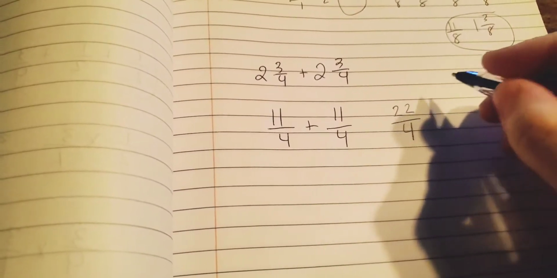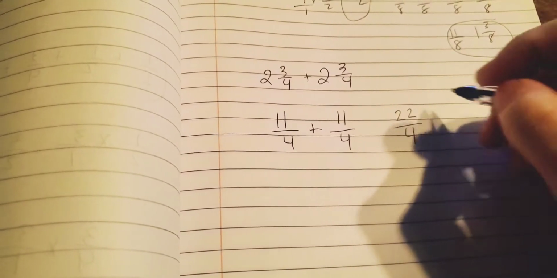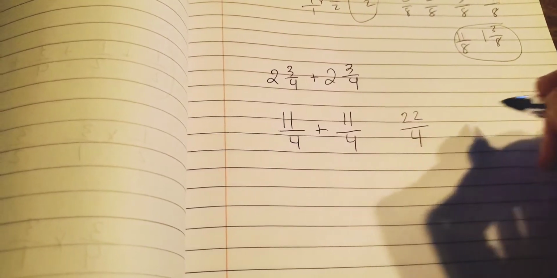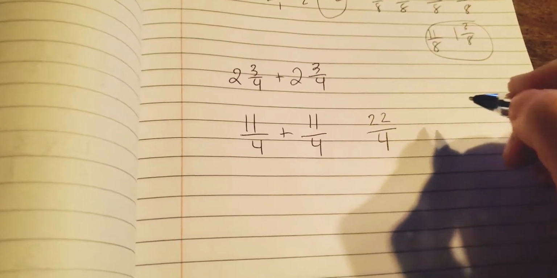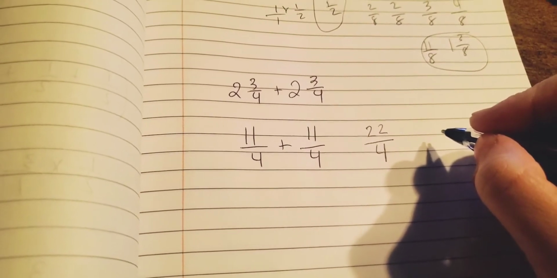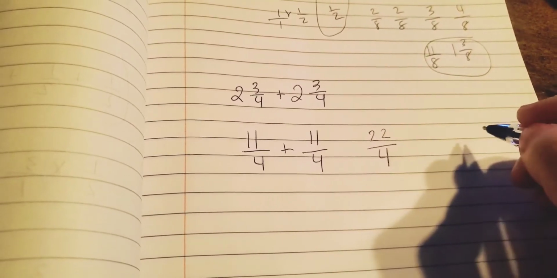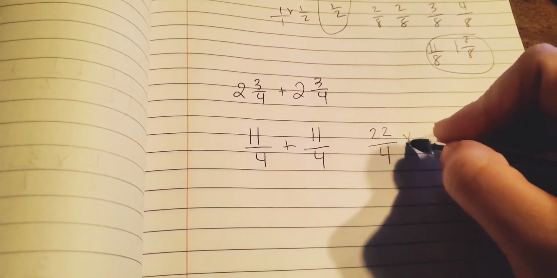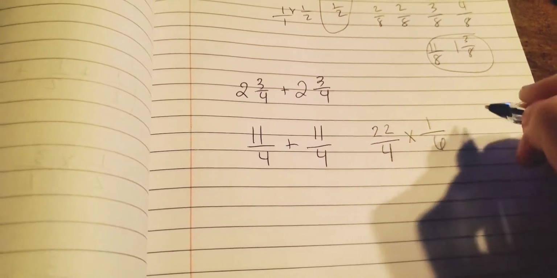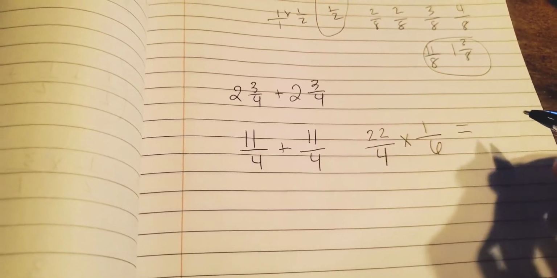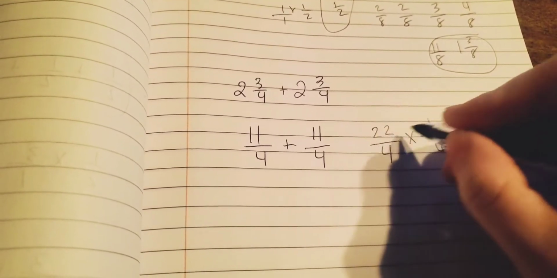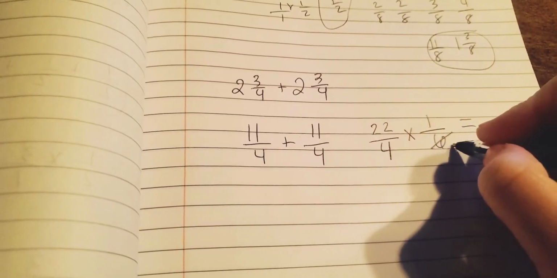Okay. So now we got to divide that by 6. When you divide using fractions, you're actually multiplying. So you're actually multiplying that by 1/6, right? So we're going to cancel out here.